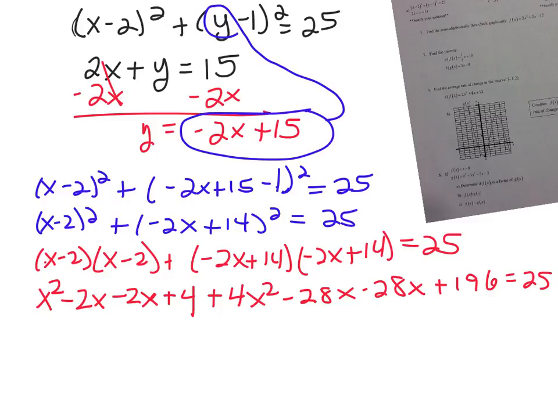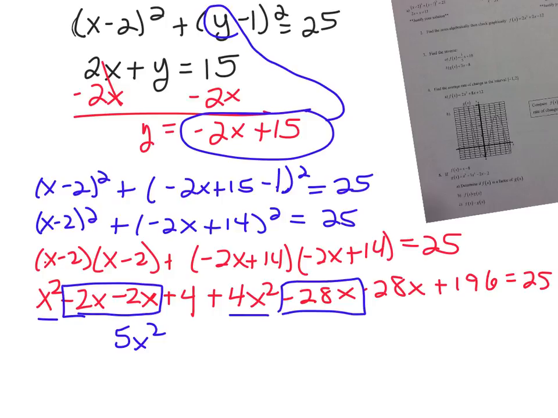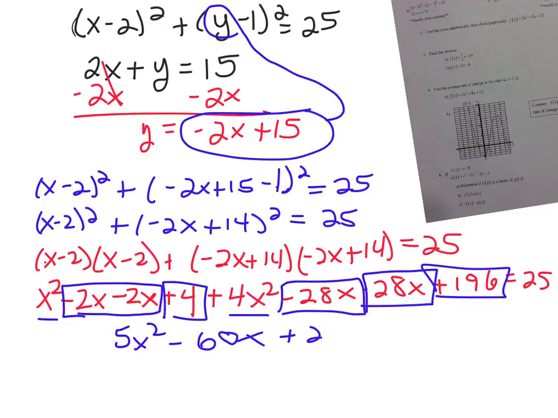Okay, so now I'm going to combine like terms. So I have x² and 4x² is 5x². -2x and -2x is -4x, minus 28x is -32x, minus 28x is -60x. And then I have 4 plus 196 is 200, equals 25.